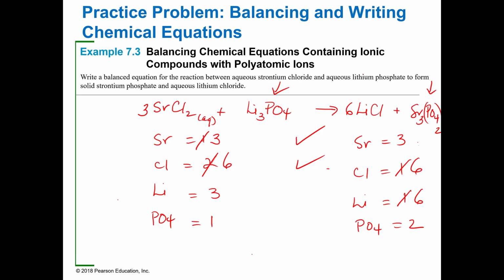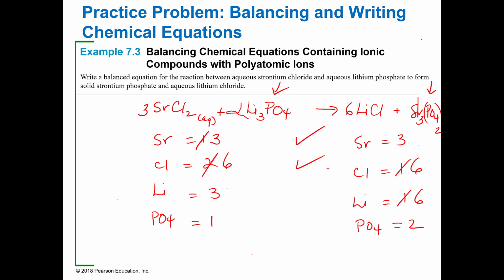Trying to find my mouse. So I'm going to multiply lithium by 2. There it is. I lost my pen.